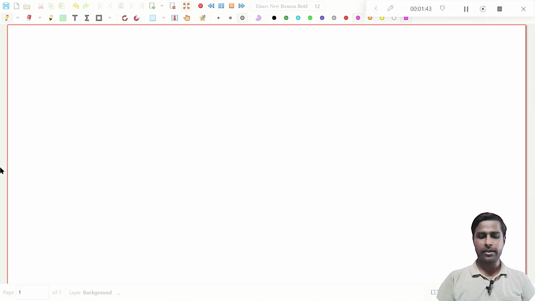We will see one by one whatever the things we need to see, and at last we solve GATE questions. That is the ultimate aim of this course.